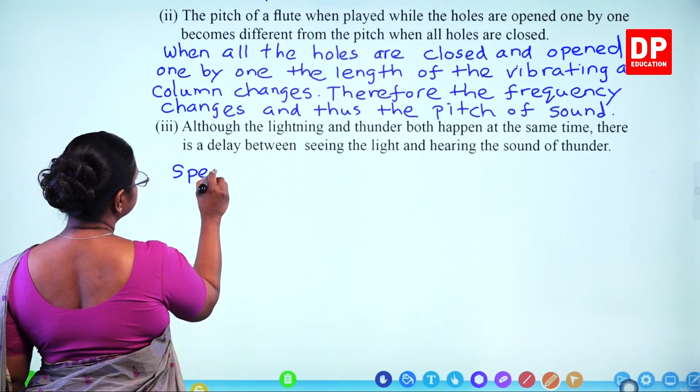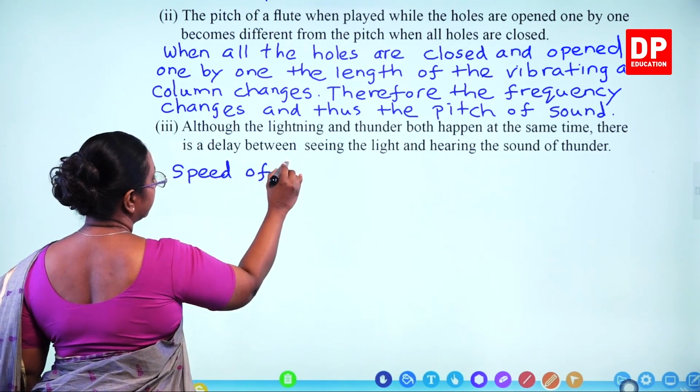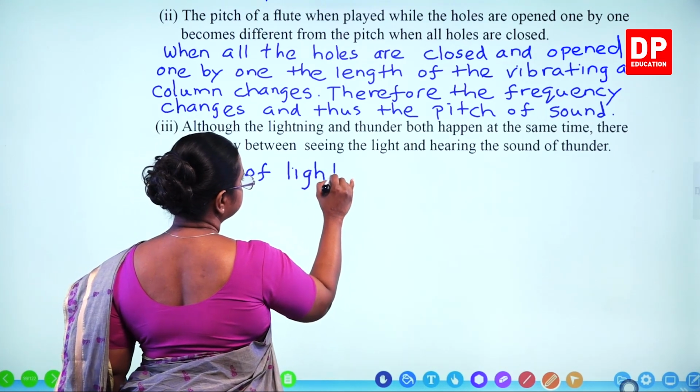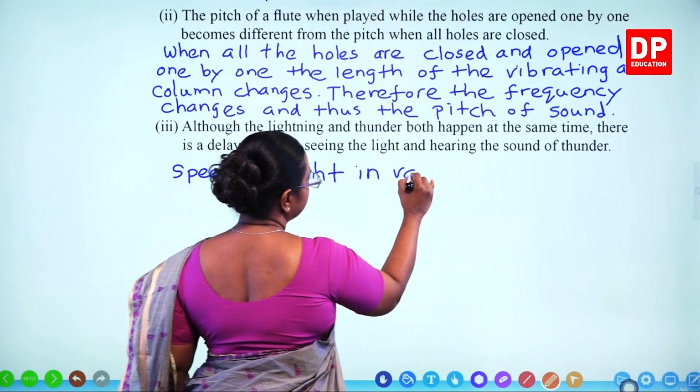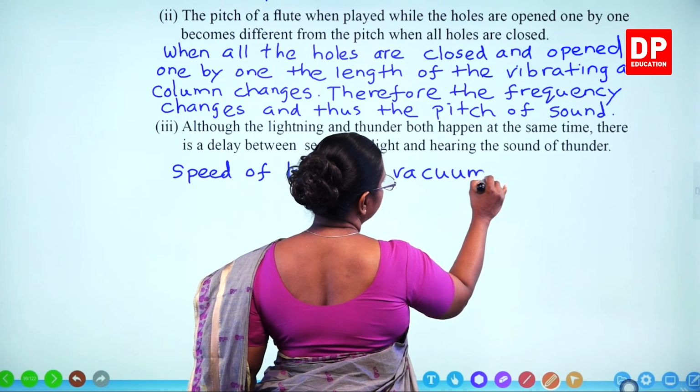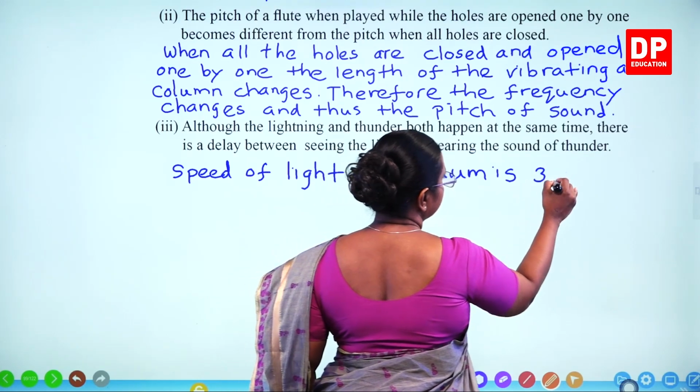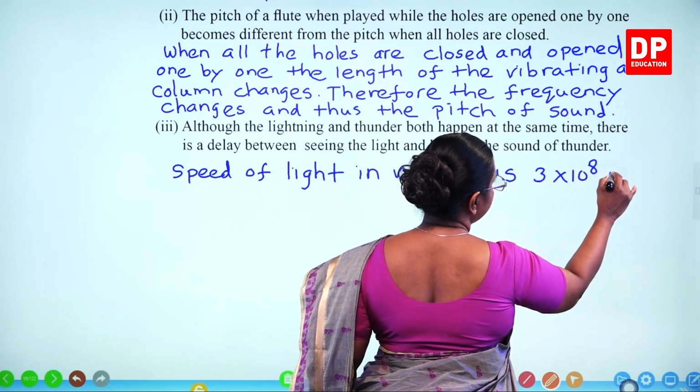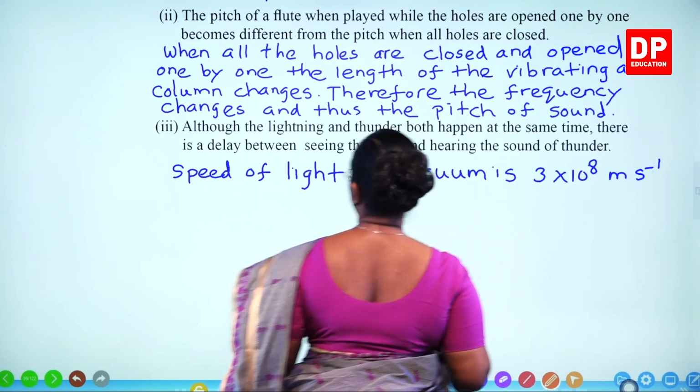Speed of light in vacuum is 3 into 10 to the power of 8 meters per second.